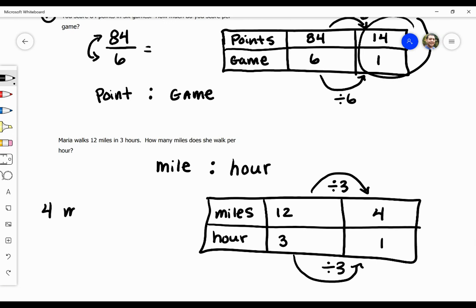So 4 miles per hour is how fast Maria walks to walk 12 miles in 3 hours. If that makes sense, you can walk 4 miles in 1 hour. So in 3 times the amount of time, you should walk 3 times the distance.